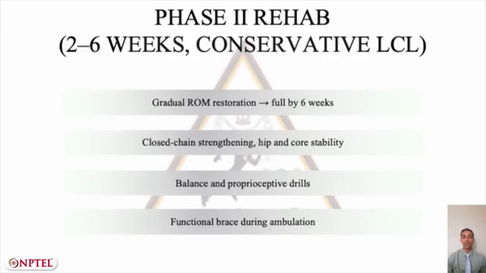Glute bridges can be done once the range of motion of the knee is up to 90 degrees. Balance and proprioceptive training are added to improve neuromuscular control. Patients remain in a functional brace during walking and other activities of daily living.